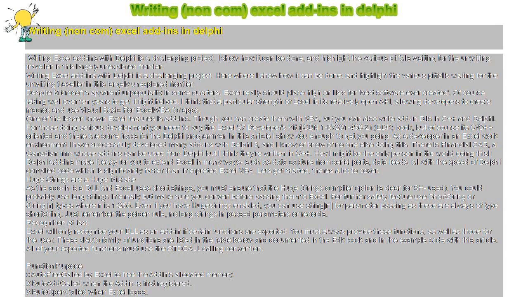Returning errors. Your function must return a sloper, type R, if you wish to return Excel error codes. To set an error in res, a sloper, just do res.slowtype equals slowtype err, res.val.error equals number.